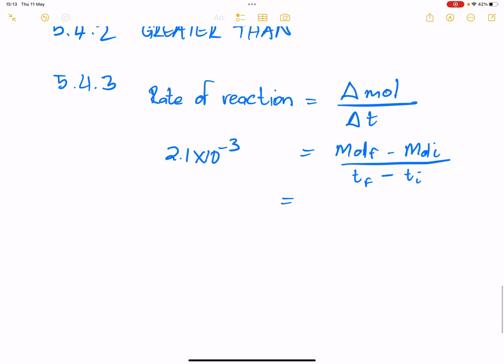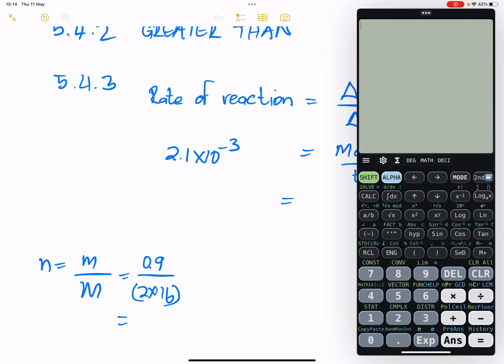So remember, we found the moles: that's mass divided by molar mass. That's going to be 0.9 divided by 2 times 16, which is the molar mass for oxygen. That should be 32, and I get a value of 0.028.